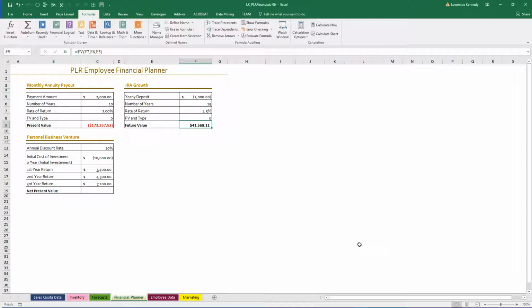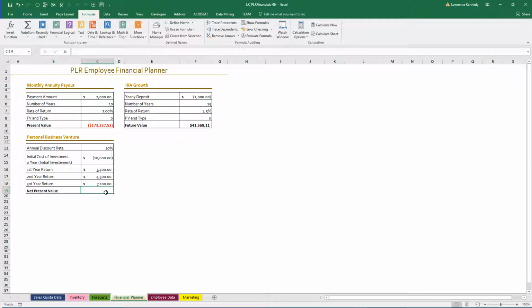So when you select OK, this is the future value of a yearly deposit of $2,000 that you're paying out over 15 years at a rate of 4.5%. It tells you the future value. So if you're trying to put away, let's say $40,000, this tells you this is the minimum you need to deposit on a yearly basis over 15 years at this rate to end up with about 40,000, 41,000 in your IRA account.